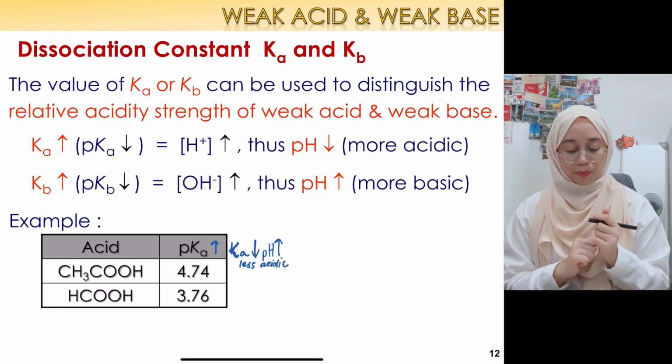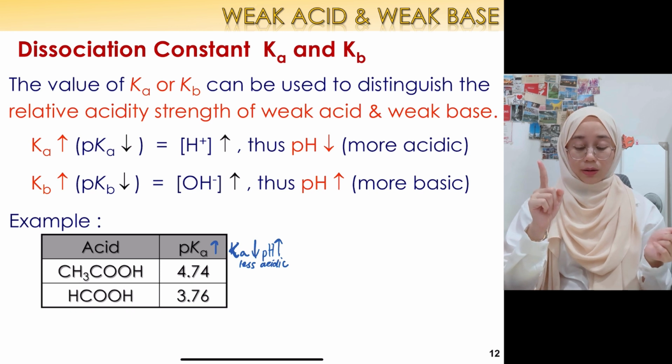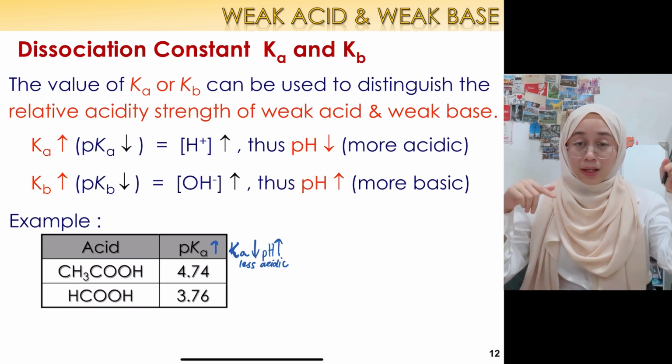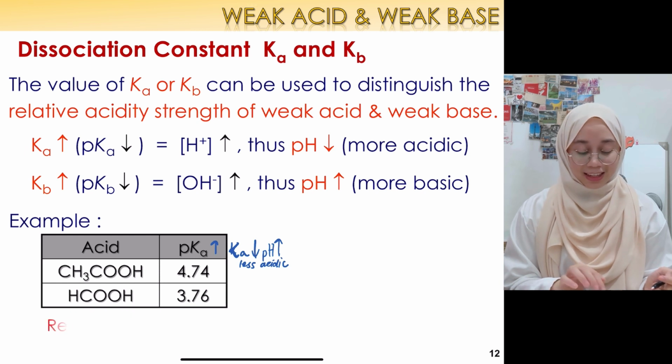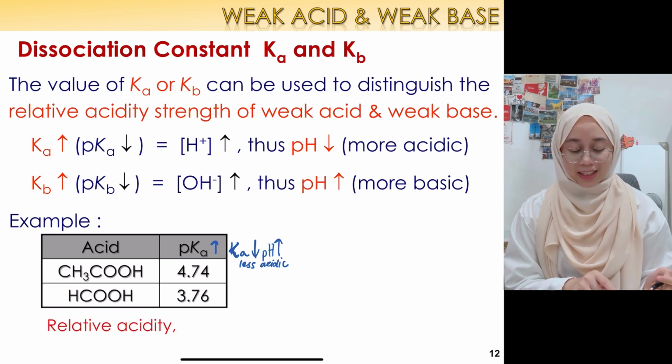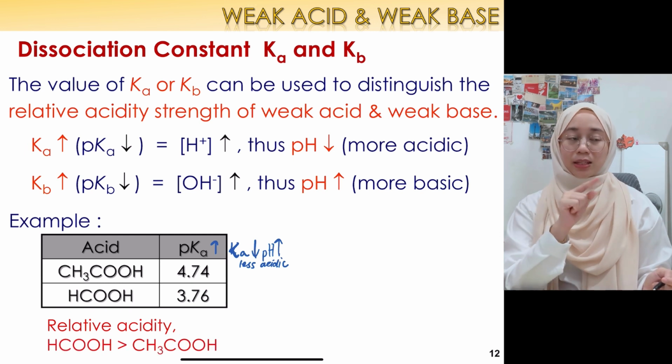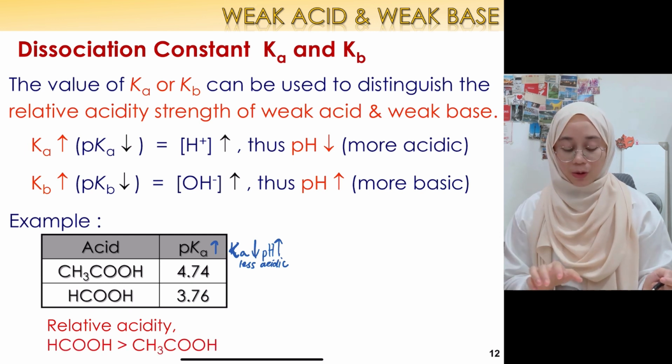Okay, so bermaksud pKa yang tinggi is less acidic, so pKa yang rendah more acidic. Jadi in this case, yang lagi acidic adalah kita punya HCOOH. Okay, so HCOOH is more acidic compared to CH3COOH.